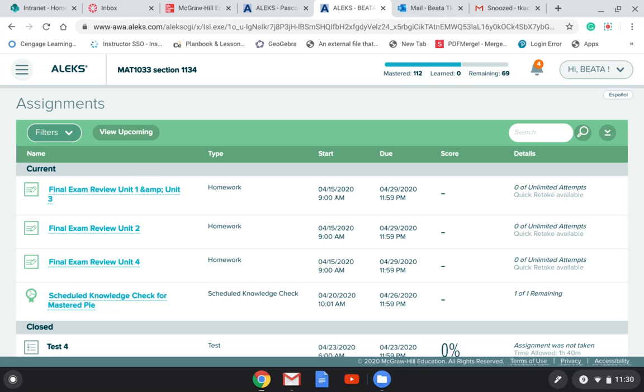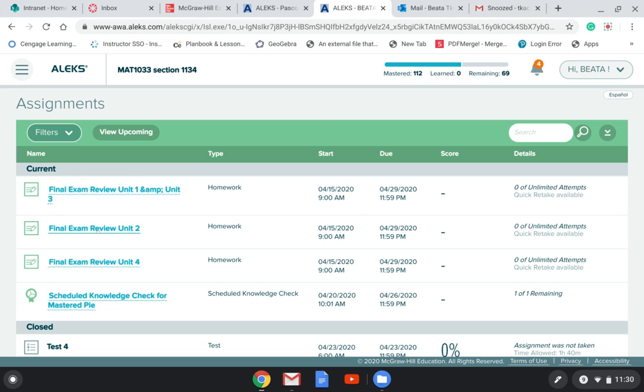It's available up to Wednesday midnight, because technically on Thursday you take the exam. Unit 1 and 3 go together because they're all about solving equations, so right now you can handle unit 1 and 3 together.